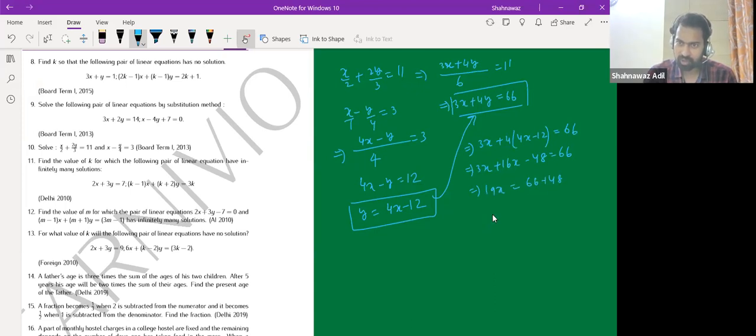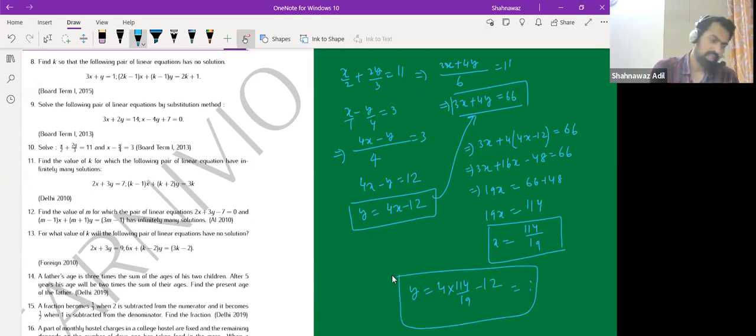So we can solve it: x is 114 by 19. Then we can calculate y. So y is 4 into 114 by 19 minus 12. So this would be the y. Is that clear to you?